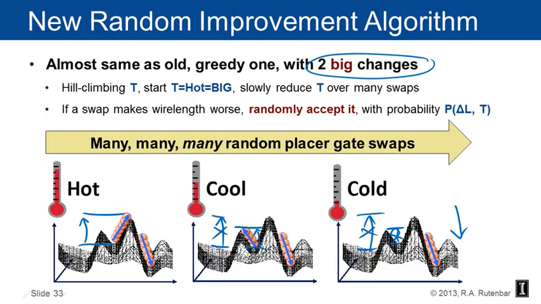So that's how you control the hill climbing. The hill climbing is controlled by a temperature parameter. You start the problem hot, and you cool it slowly over many, many swaps. When the temperature is hot, there is a high probability of being able to take a large uphill move. When the temperature is cold, there is a low probability.